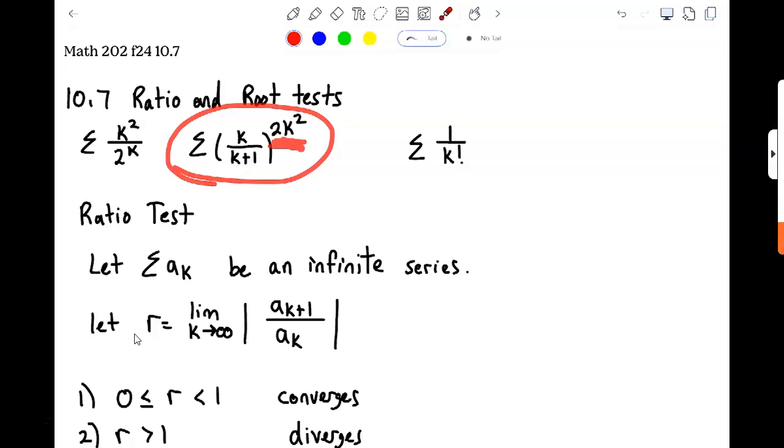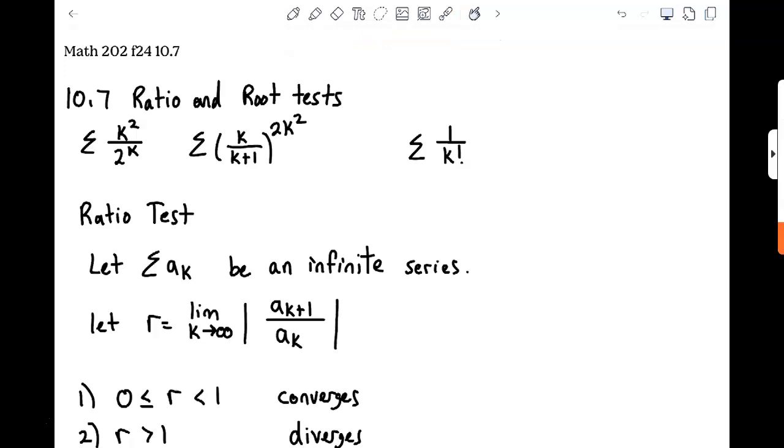I don't even know what this would look like with the ratio test, and if we would even be able to compute the limit of the resulting ratio for this. I don't know if I'd even want to think about it. But this will actually be ready made and set up for the root test.